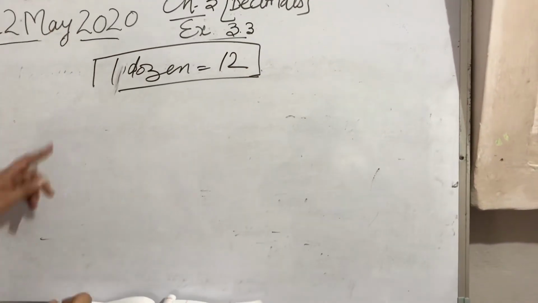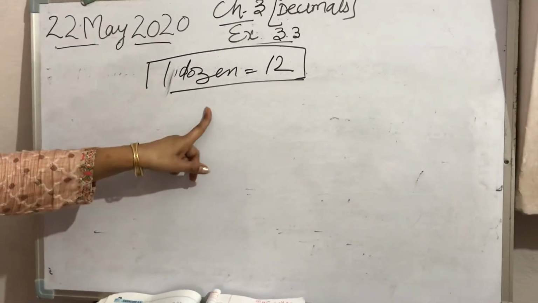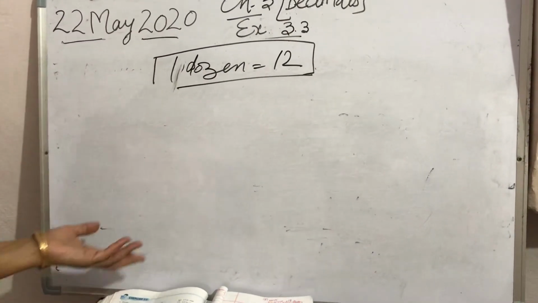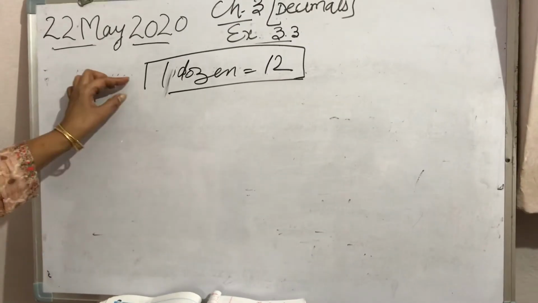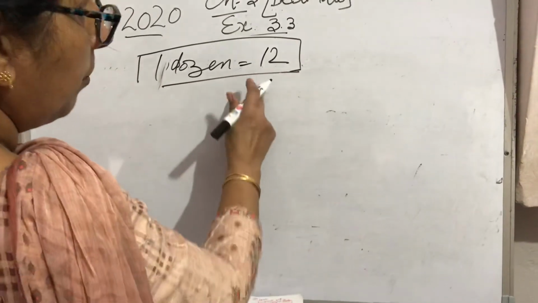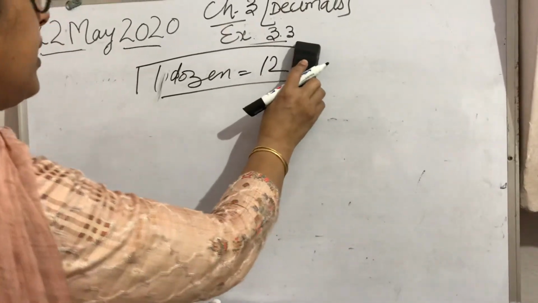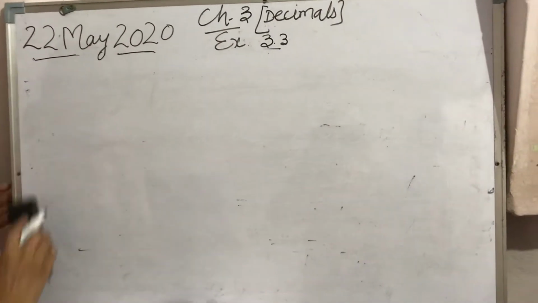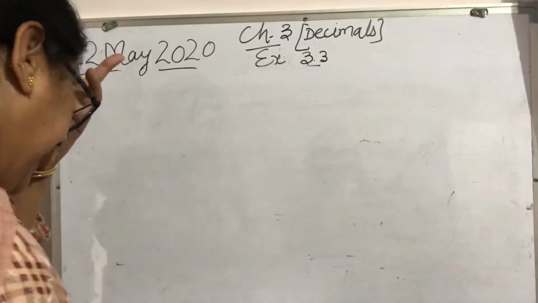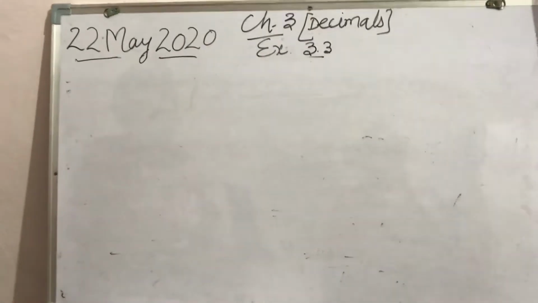It means the cost of 12 apples is given. We have to find the cost of 1 apple. First of all we'll find the number of apples, converting dozen into apples. So you can do this question yourself. It is a very simple calculation.